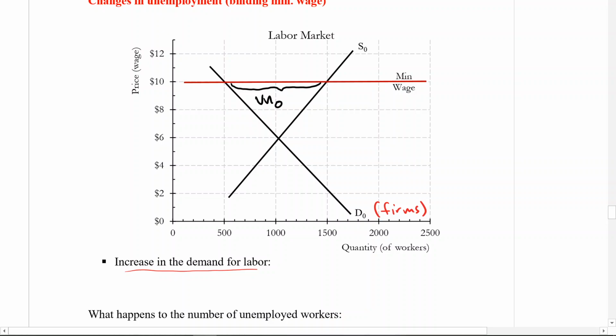Okay, so we look at this initial unemployment, and we increase the demand. So shift to the right, D1. And what does that do? We're still stuck at our minimum wage price. But we take that price over to the demand curve, and it's here. Let's call that 1,300. And the quantity supplied is still the same at 1,500.